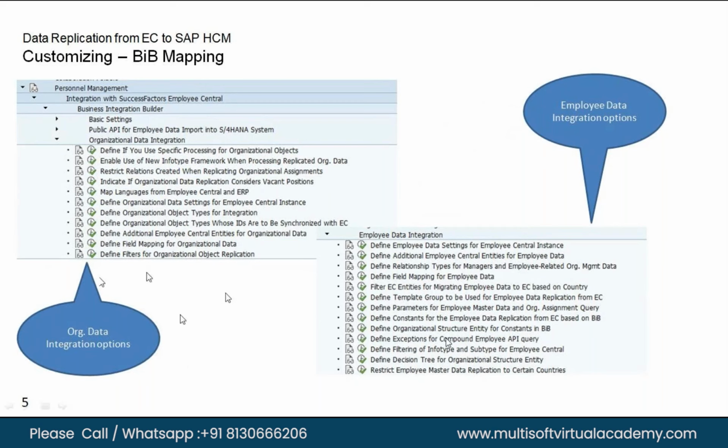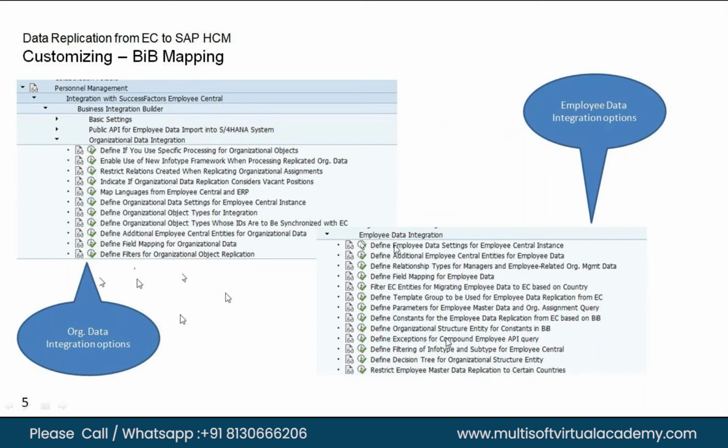So we can mirror whatever Employee Central objects with the relevant SAP org objects. We have an option to filter out or mirror all the org objects before going to the actual template groups and template mapping.